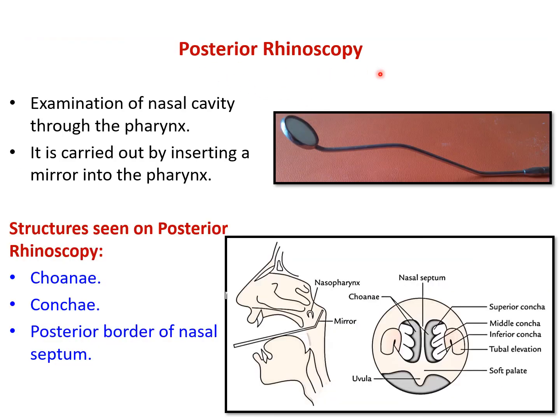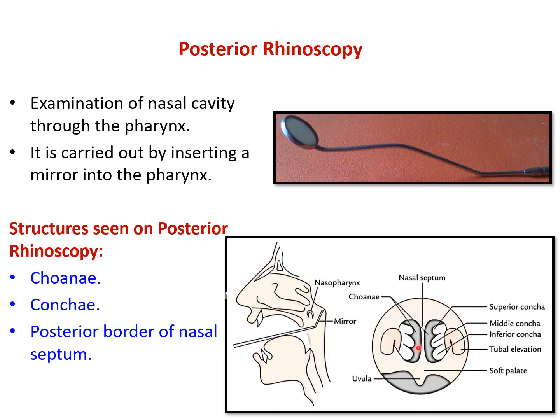Posterior rhinoscopy, right? Here you are looking at the nasal cavity from the posterior openings, the posterior nasal apertures or choanae. So how does one examine this? This is done through the pharynx, and it is carried out by inserting a mirror into the pharynx. In this picture, this is the mirror, and through this mirror one can see the posterior aspect of the nasal cavity through the posterior opening or the choanae, and this kind of view would be there.